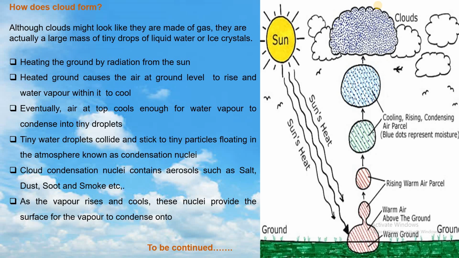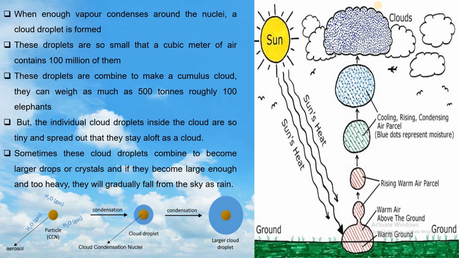Before understanding this, I will give one example to understand this process very clearly. When you take a glass of water from the refrigerator, you can find some water droplets on the outside of the glass, right? How did they form?